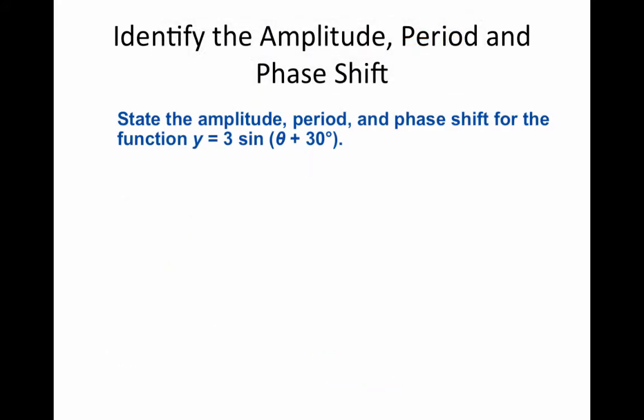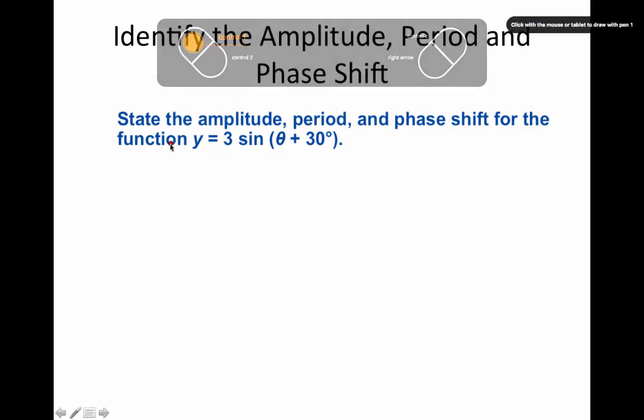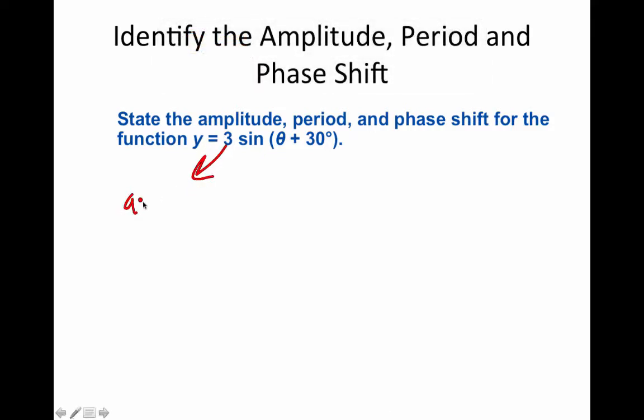State the amplitude, the period, and the phase shift for the following function. Well, the amplitude comes from here. Amplitude is 3. Period, there's nothing in front of this, so the period is 2 pi.